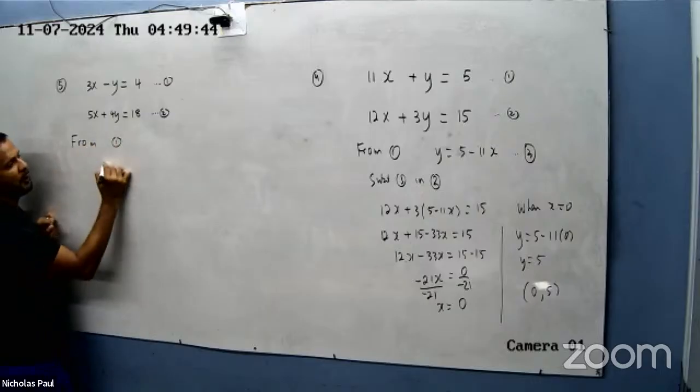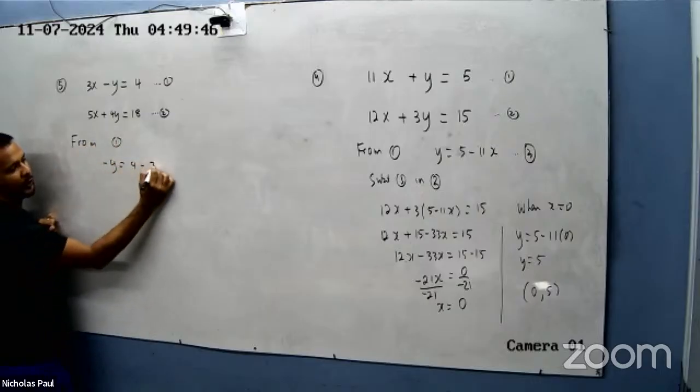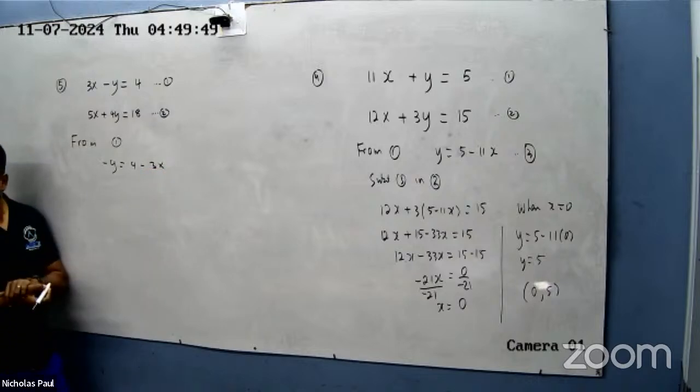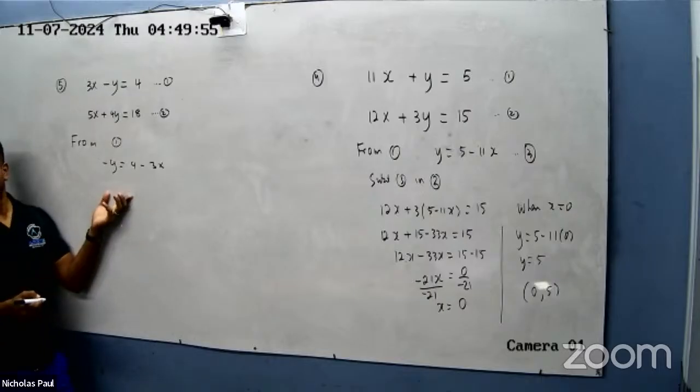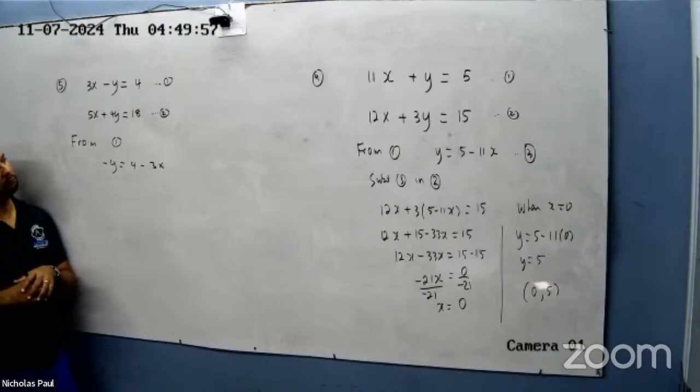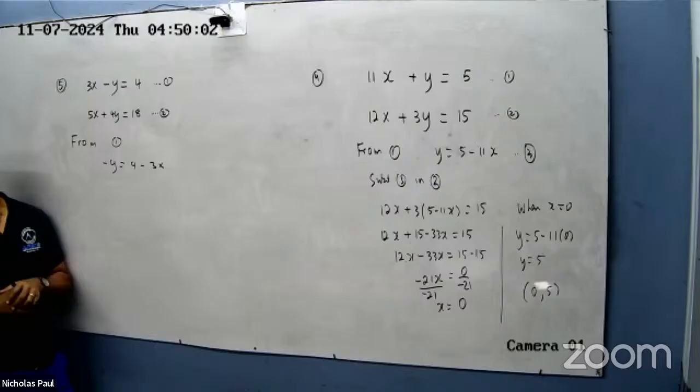Right, so most people will reach right here and they're not too sure what to do. Any ideas, Olia? Negative y. You're getting close.